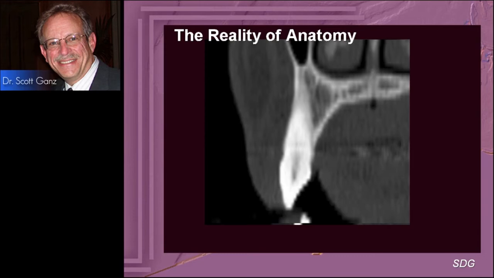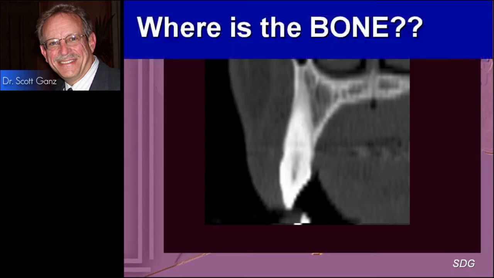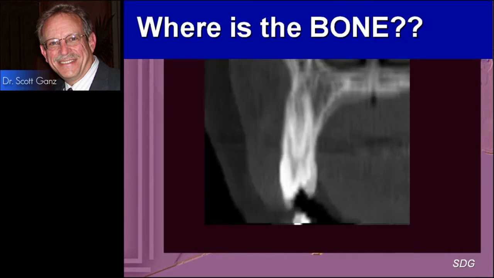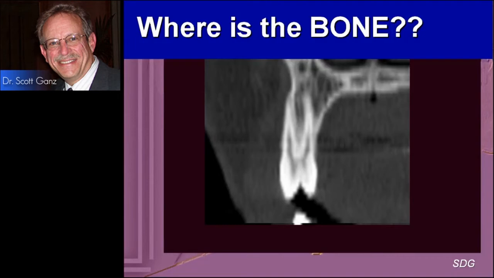Because if we continue with the premolar case, as you see here, you can clearly see that if we follow the outline of the cortical plate of bone on the facial, there almost is no bone on that facial root. If we look at the palatal root, you can see that if we followed the extraction site with a drill to create an osteotomy within this area, we would in fact be in good host bone.